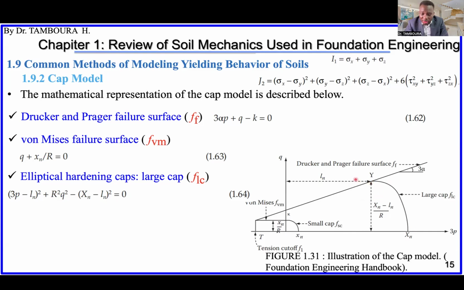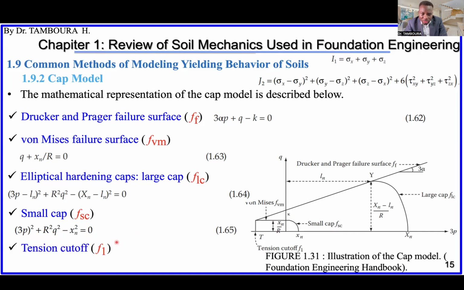So the next one is this small cap. That one is given by this equation. And the last one is the tension cutoff. This one. We need this vertical limit.